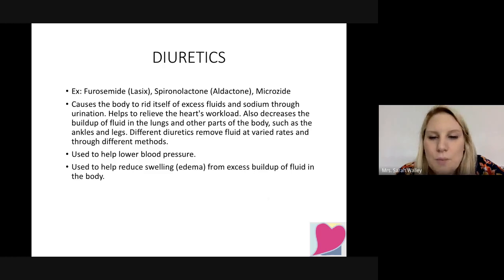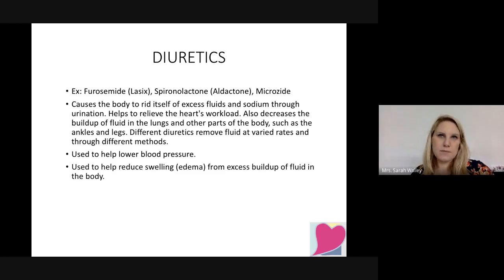They just get rid of those excess fluids in the body, help the heart's workload, and reduce buildup of fluid in the lungs and other parts of the body. So it takes away a lot of the excess water in the body, which people who have congestive heart failure or even sometimes high blood pressure will have. And so this helps. It takes that swelling out.